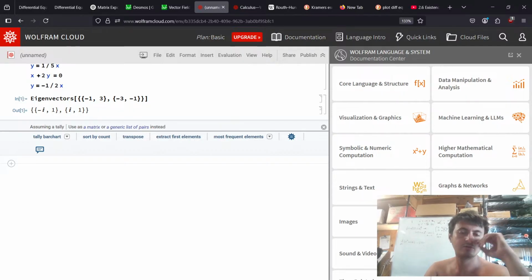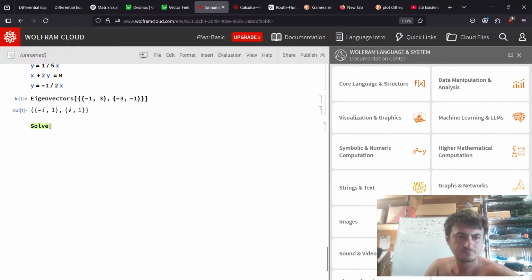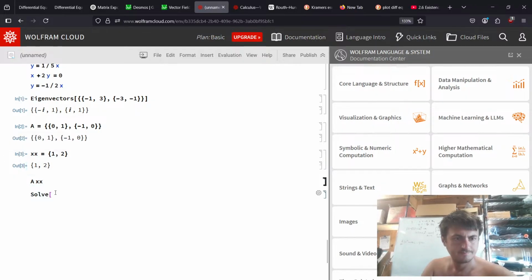I still don't really get how... does matrix vector multiplication work? Surely it does. Okay, great.